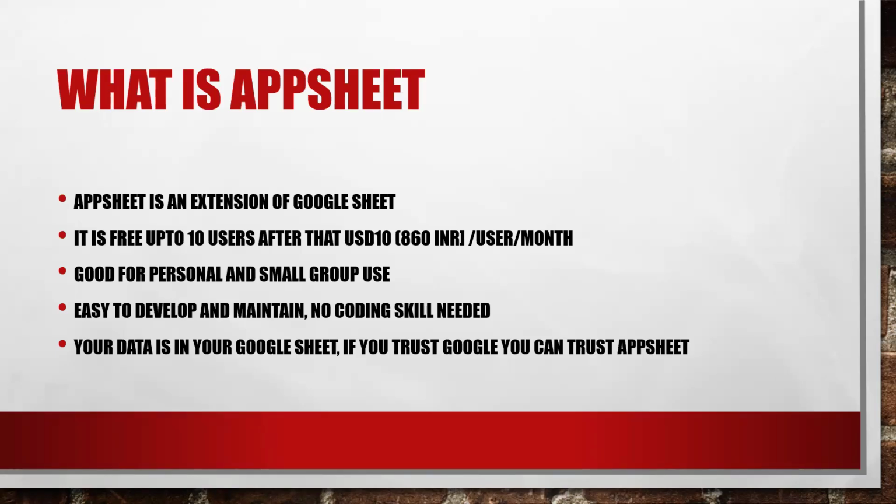Up to 10 users. What happens is you create your application and share it, like we share our Google Sheet or Google Doc with other people. Similarly, you have to share your AppSheet with the user. Essentially, that's how they control the number of users, and you can share up to 10 people.